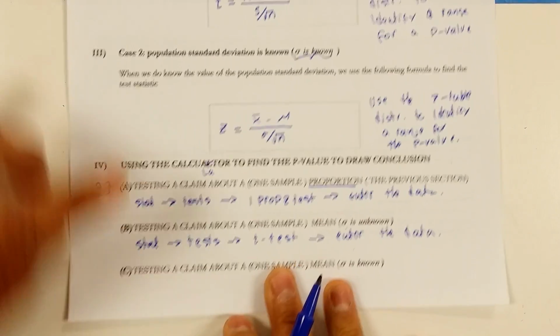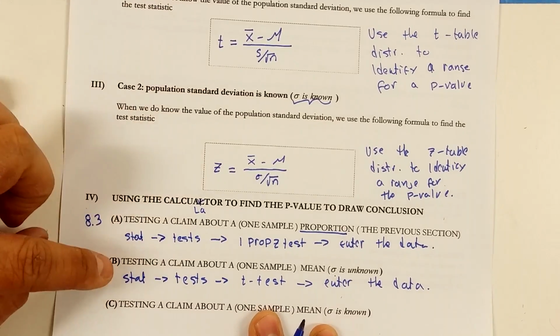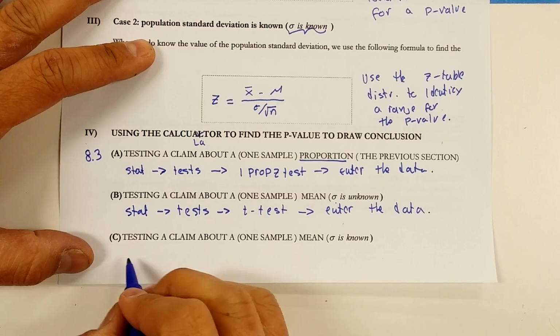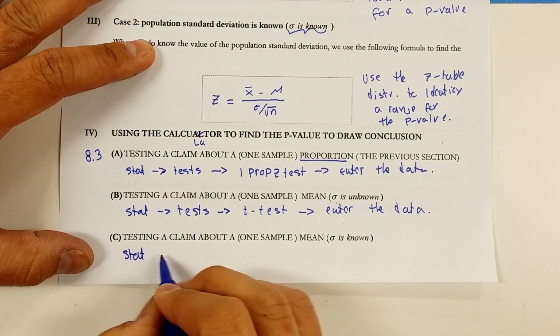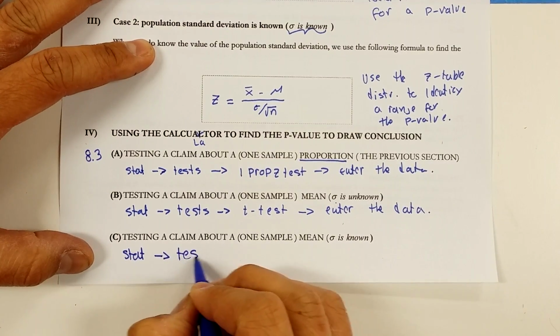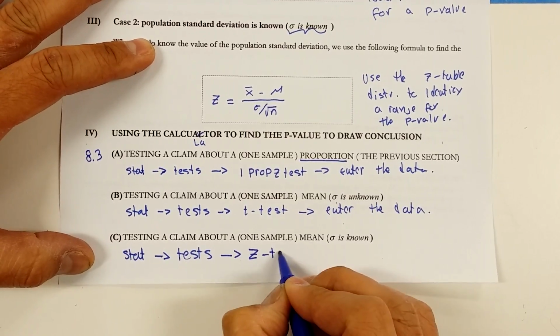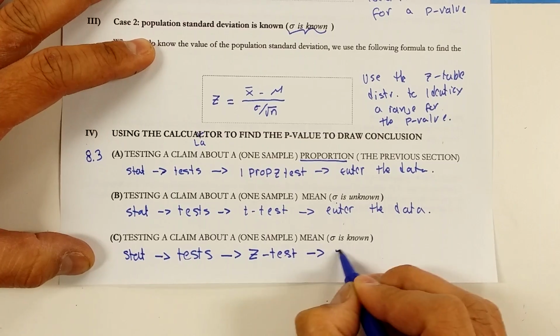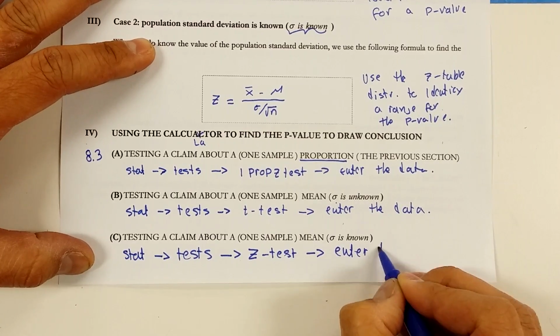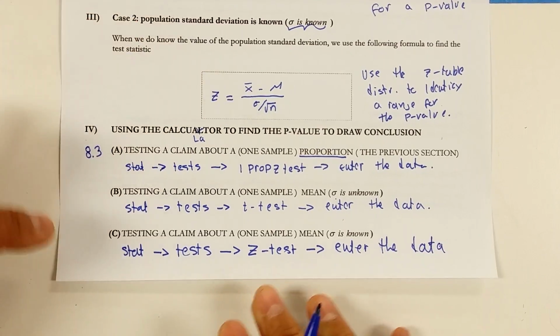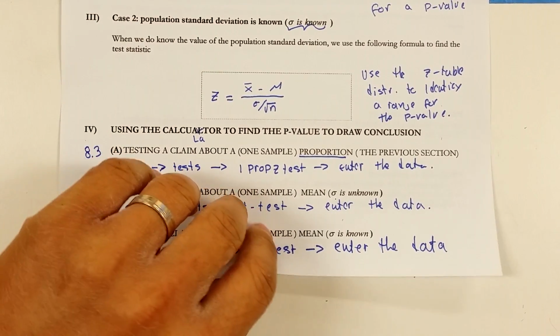If our sigma is known, then we would program the calculator this way: select Z-Test, and then you enter the data. I will show you how to complete one of these on the next page.